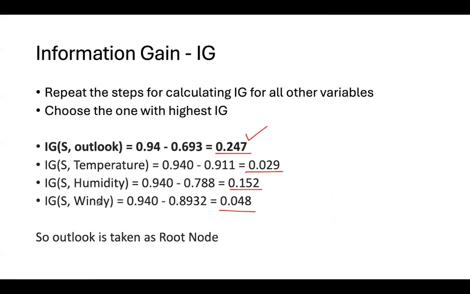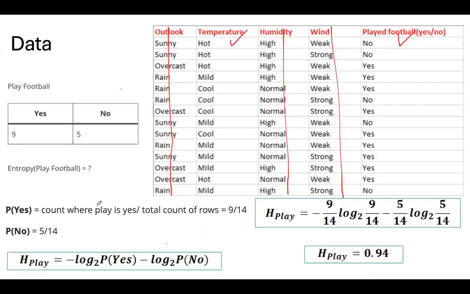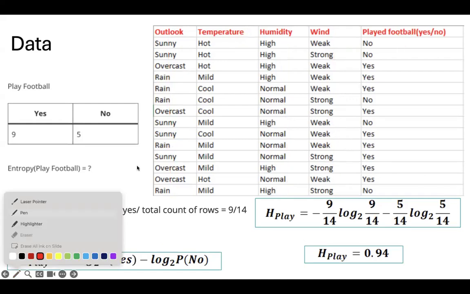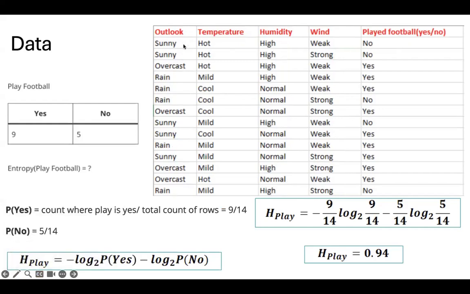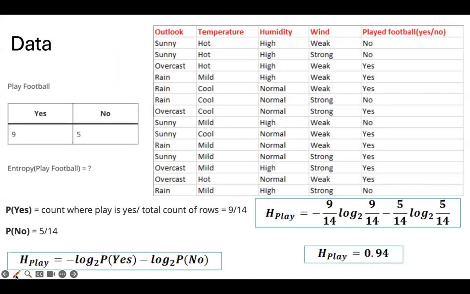So what you will actually do is come back to the same table. You just make a subtable out of it, and that subtable should only consist of sunny. This subtable should only consist of rows in which outlook is sunny.